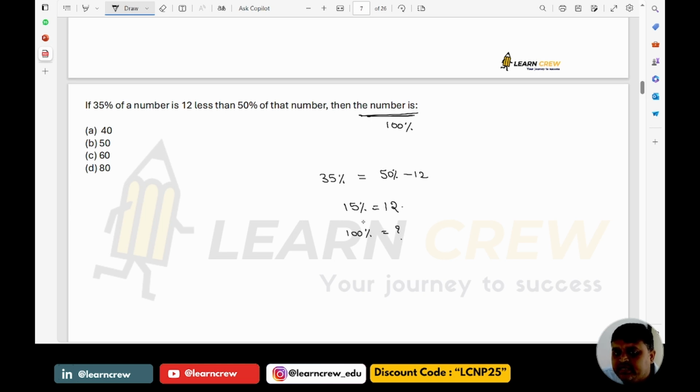See here, it is 3 into 5. 3 into 5% is 3 into 4. So it is 20 into 5. 20 into 5 percentage will be 20 into 4, which is 80.